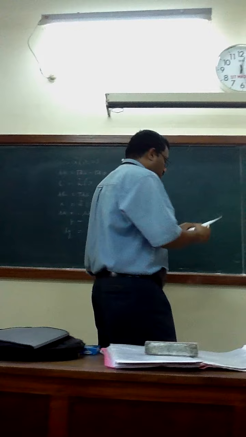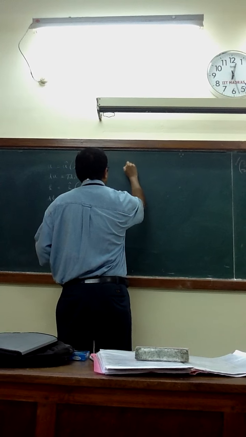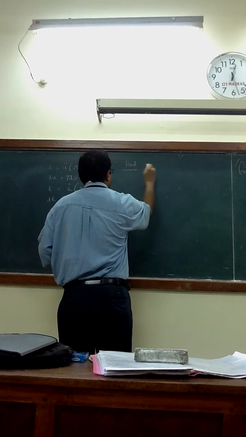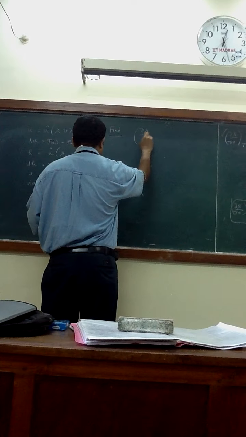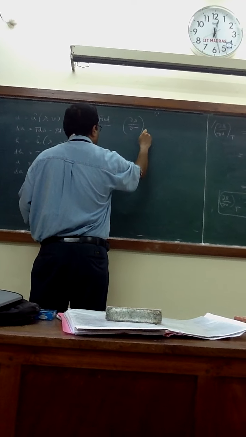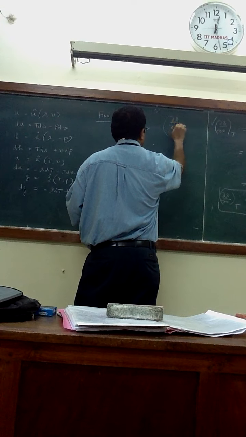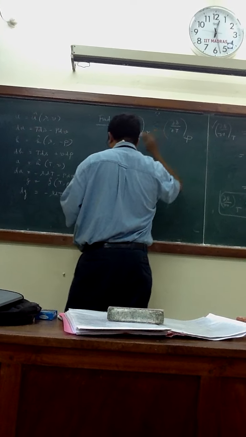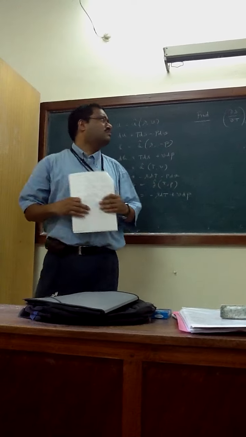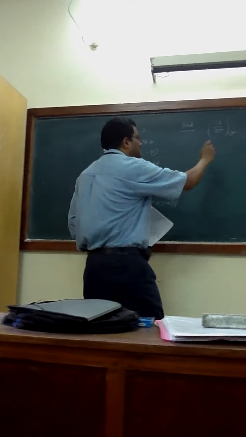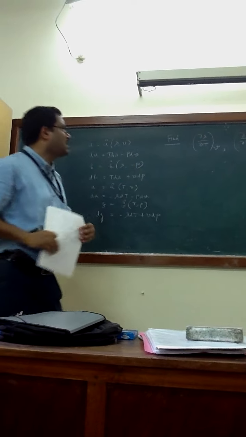With that, I want to find ∂S/∂T at fixed V and ∂S/∂T at fixed P. First is the first one. How to approach?